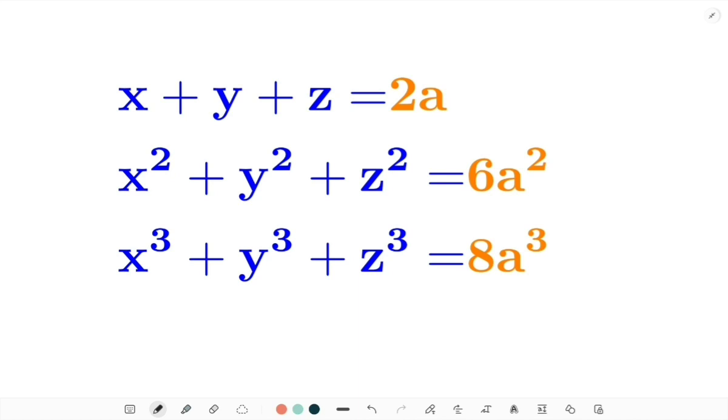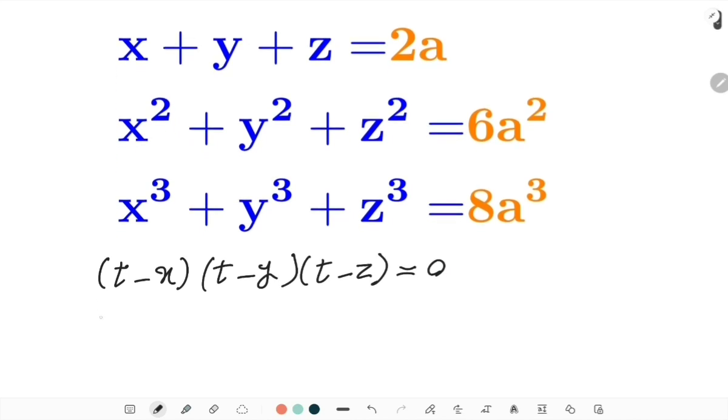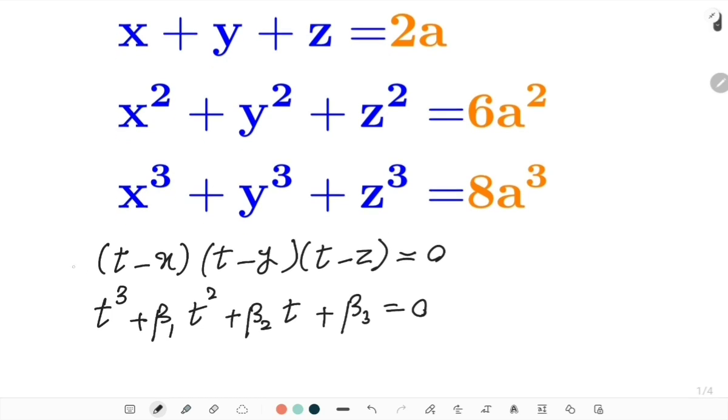And if that is the case, then I have something like, let's take t to be our variable, (t minus x)(t minus y)(t minus z) equals 0. And this is nothing but the same as t³ plus beta 1 t² plus beta 2 t plus beta 3 equals 0. So if I expand this, I should get a general cubic equation like that.